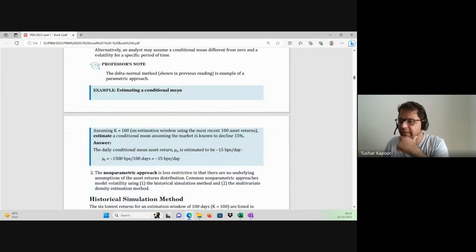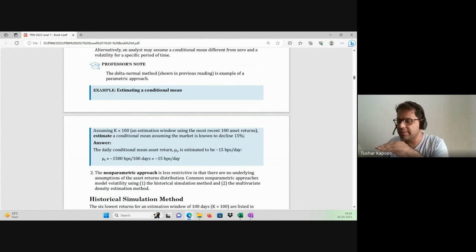This is where they have given an example of estimating a conditional mean. Let's understand what it means. Assuming k is equal to 100, you have 100 items in your data. Estimate the conditional mean using the fact that the market is known to decline by 15%. So they are saying the conditional mean means that the market is going to be down by 15%. How do you adjust for this? The daily conditional mean of asset return is estimated to be minus 15 bps per day.